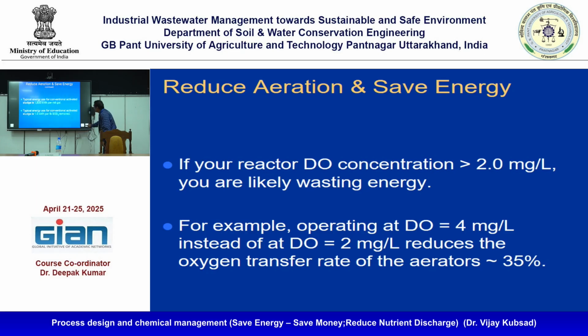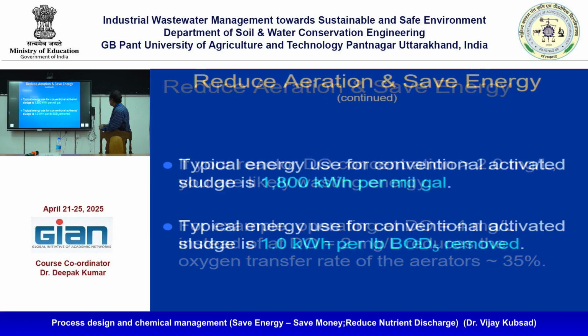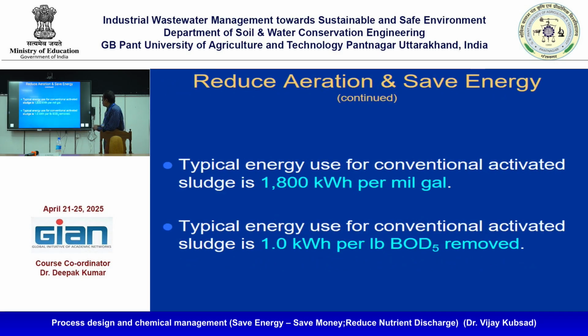Reduce aeration, save energy. Right. This we have seen. Here is energy saving compared with conventional activated sludge. You can compare: the energy used for conventionally activated sludge is this much for BOD removal per MLD or per gallon or per liter, and how you will save this energy.